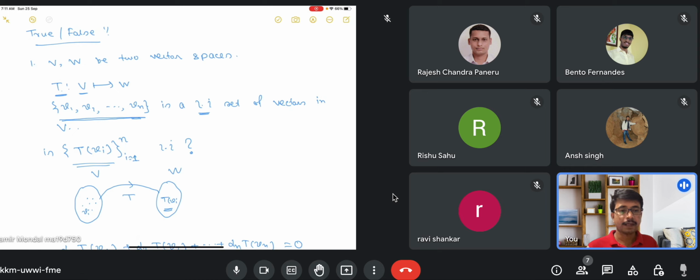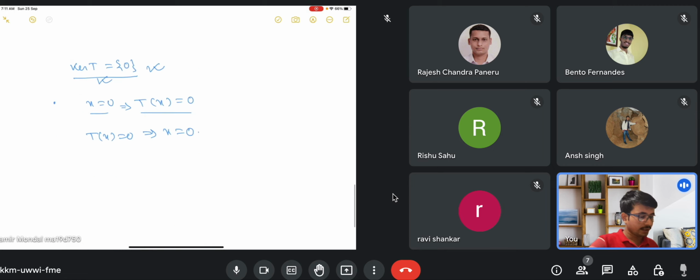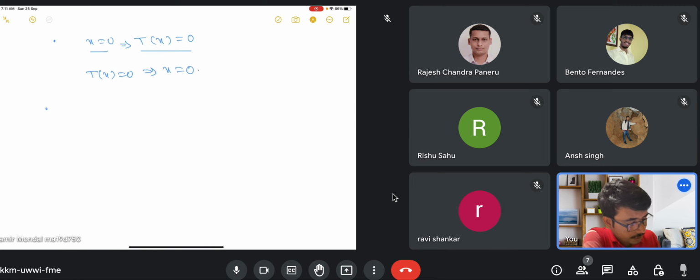Do you understand the whole scenario of this statement? This is the proper statement. You have a linear transformation from V to W, and this is your collection of linearly independent sets, v1 up to vn.